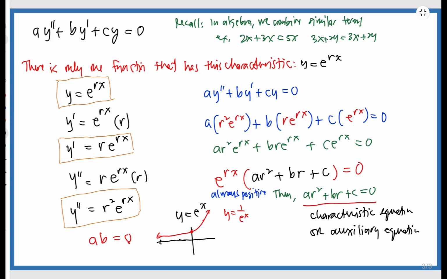So, let's have a specific example so that we can check out how easy it is to find the solution. It's the easiest compared to the previous ones that we have already discussed. So, example, let's try something that is easy to solve. Say we have 4y double prime minus 5y prime minus 6y equals 0.